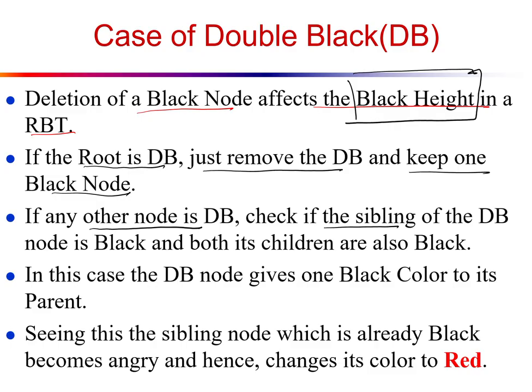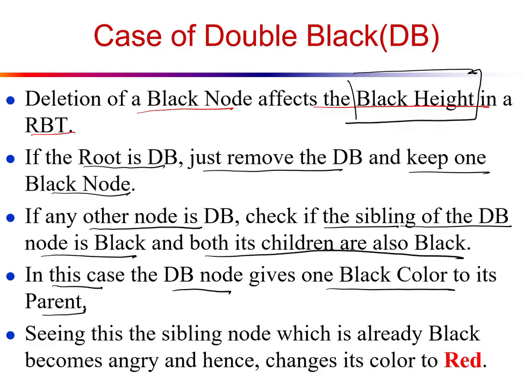If the sibling of the double black node is black in color and both its children are also black, then we need to take a decision. In this case, the double black node gives one black color to its parent, and seeing this, the sibling node, which is already black, becomes angry and hence changes its color to red.